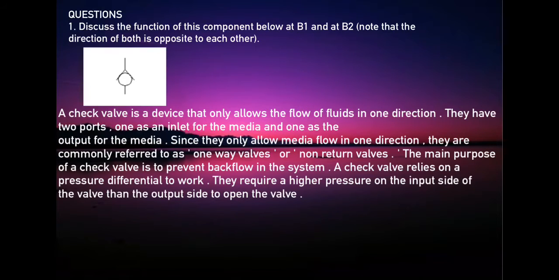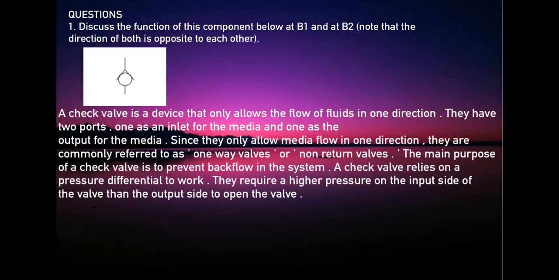Question 1. Discuss the function of this component below at B1 and at B2, noting that the direction of both is opposite to each other. A check valve is a device that only allows the flow of fluid in one direction.